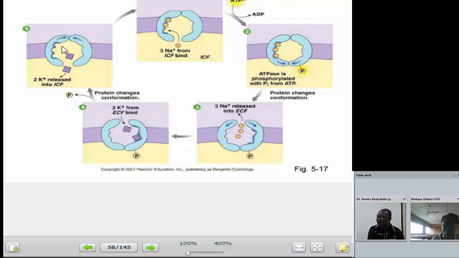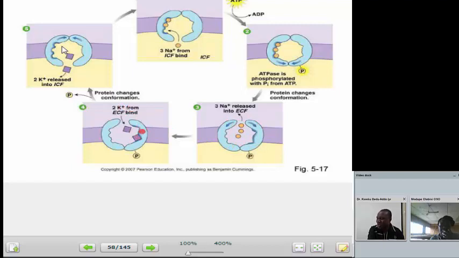That is, it will break down ATP into ADP and inorganic phosphate. Now, this hydrolysis process energizes the sodium-potassium pump. And when the phosphate binds to it, it decreases the affinity of the pump for sodium ions. So sodium will be released from the pump to the exterior of the cell. All 3 sodium ions will be released to the exterior.